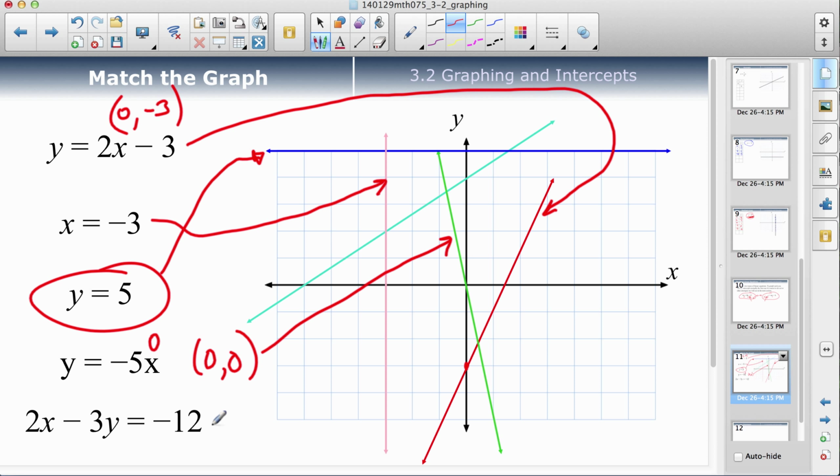Therefore, this one here must be the bluish green kind of line. Hopefully you get an idea of how you can eliminate equations and lines like that just by looking at their properties. All right, that's it for this section. Practice some of these in your text.